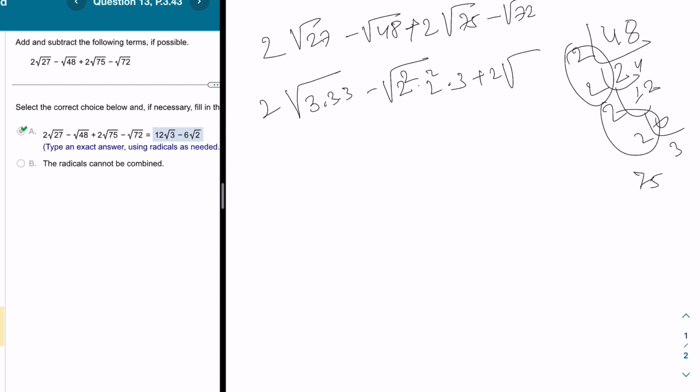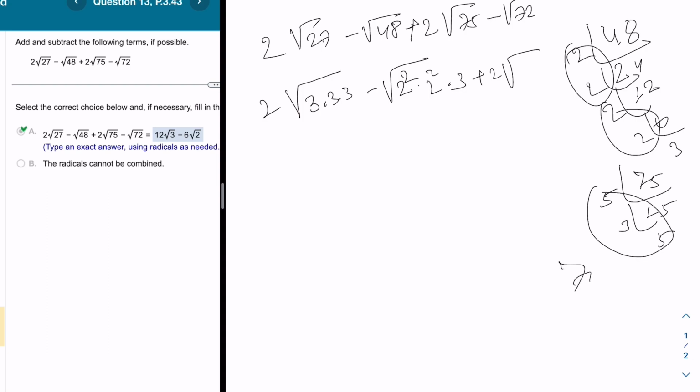Now how can we write 75? 75 can be written as 5, 15s are again 3, 5s. We can write 75 like this, but actually by the rule we cannot do it like this.